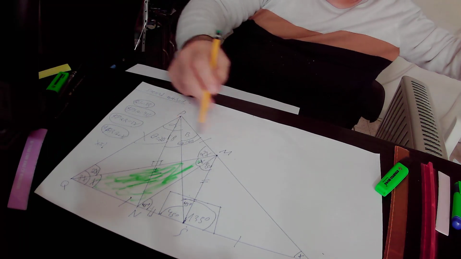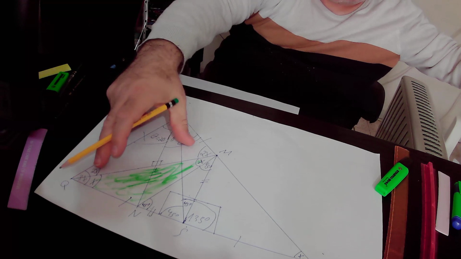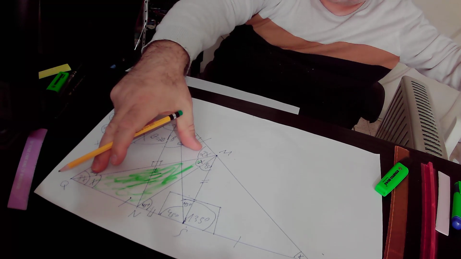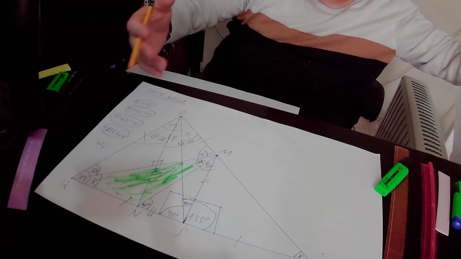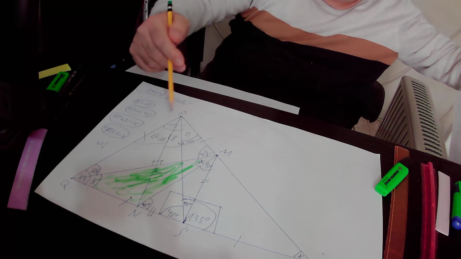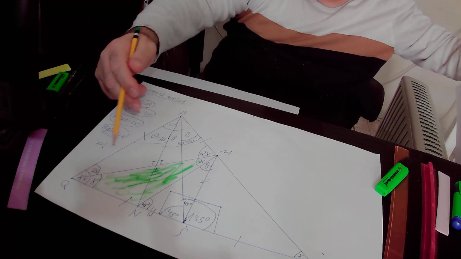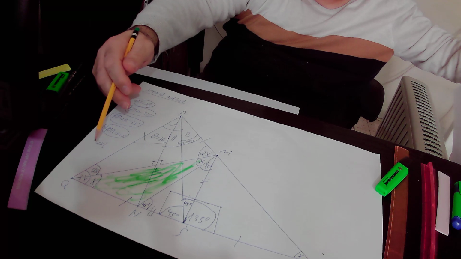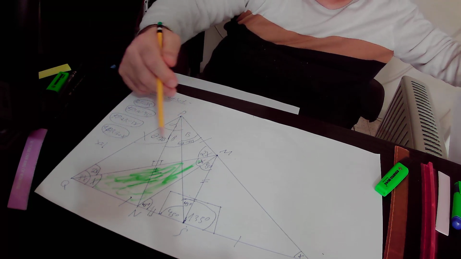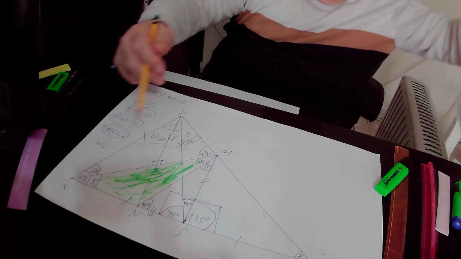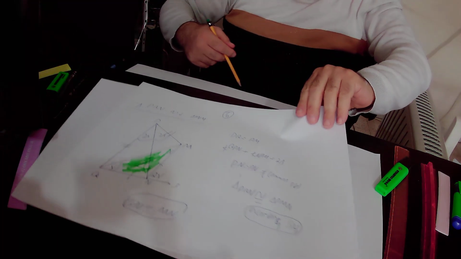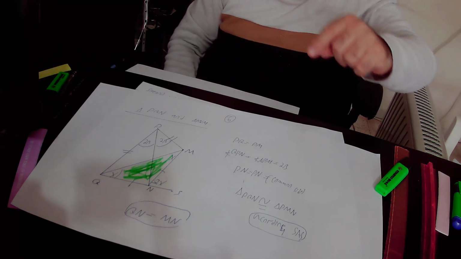You can see here, PM equals PQ because of the fact that those two angles are both equal to 2x, and in front of equal angles there are equal sides. That is to say, PM equals PQ. It is an isosceles triangle. PQM is an isosceles triangle. That is to say, PM equals PQ.